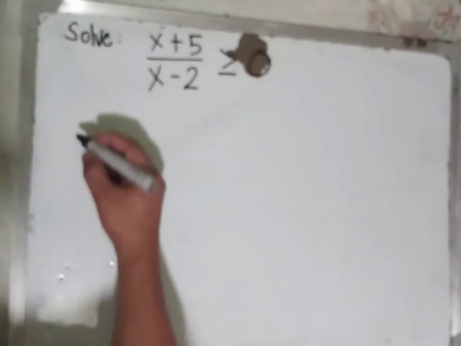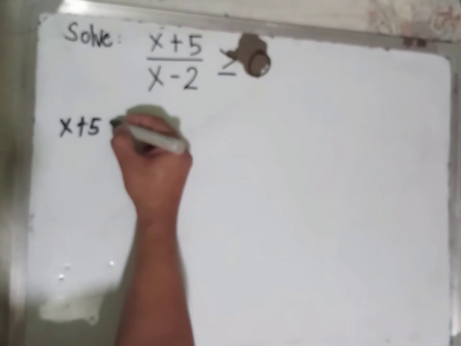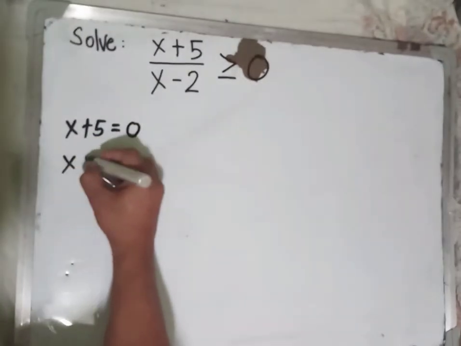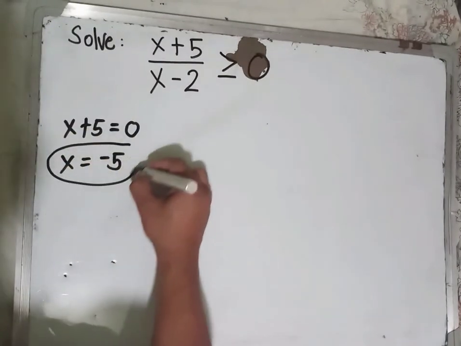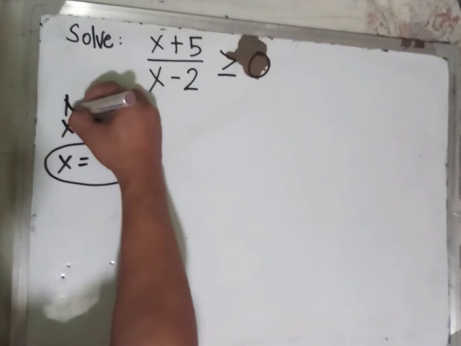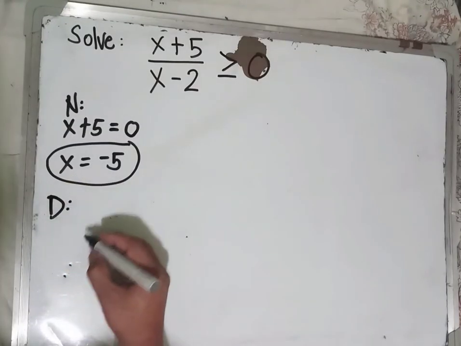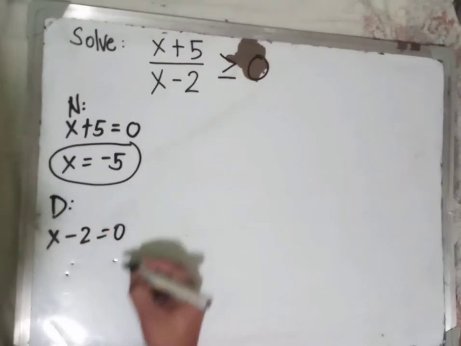So, given inequality is x plus 5 over x minus 2. Equate natin sa 0 yung numerator equal to 0. So, x equals negative 5. Ito yung first meaningful number, that is the numerator. Then ang denominator, that is x minus 2 equals 0.